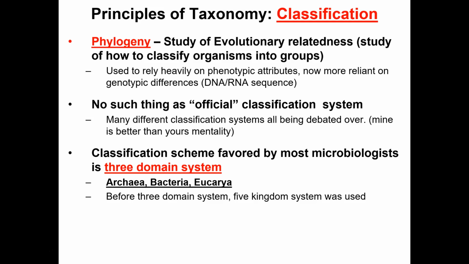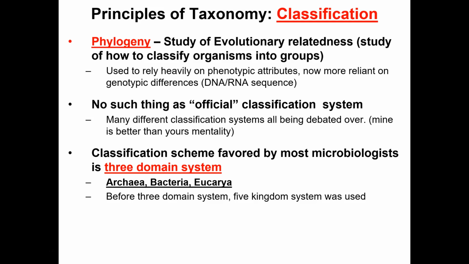Using phenotype isn't super reliable. What we're leaning on more these days is relying on genotypic differences. So comparing DNA and RNA sequences of various organisms to get a better idea of how they're related. And that's really kind of shaken things up in the last 20 years.